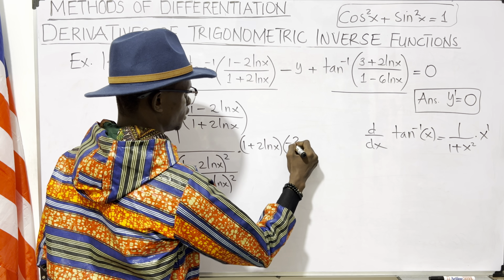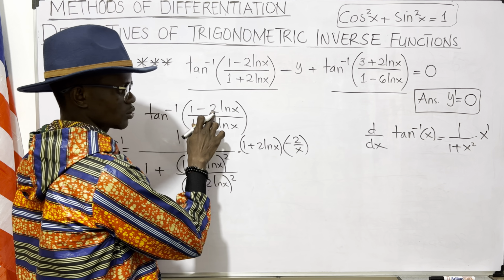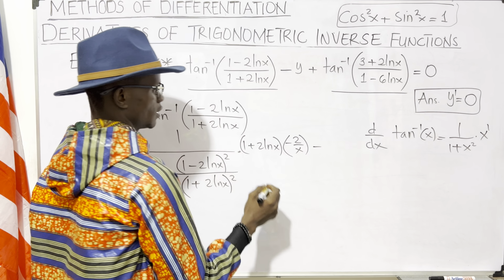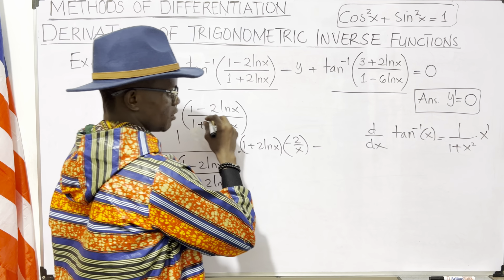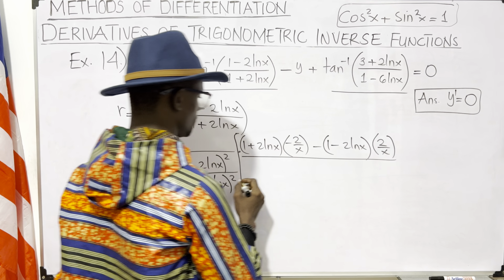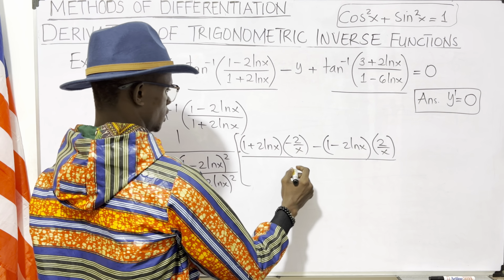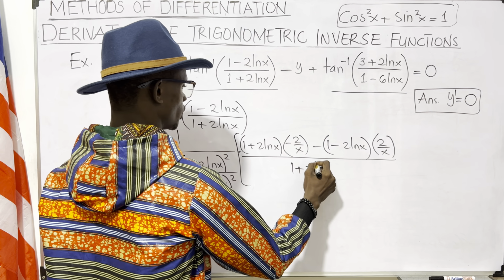So we have 2 over x with the coefficient, minus, now we hold the numerator, 1 minus 2 ln of x, times the derivative of the denominator, which is 2 over x. So this whole thing is divided by 1 plus 2 ln of x all squared, according to the rule.